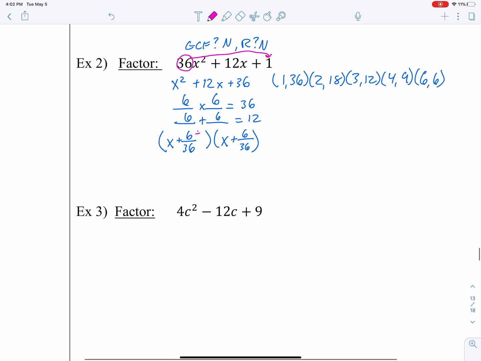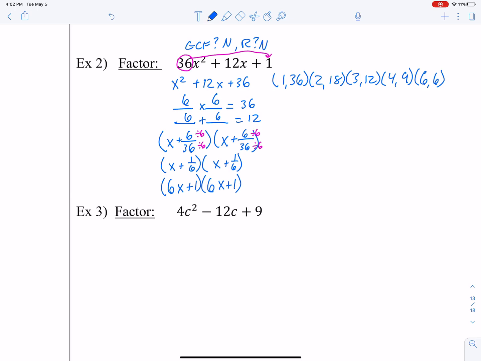We divide by 6, top and bottom. So we get x plus 1 over 6, x plus 1 over 6. We move the 6 out from the bottom, so we get 6x plus 1, 6x plus 1.